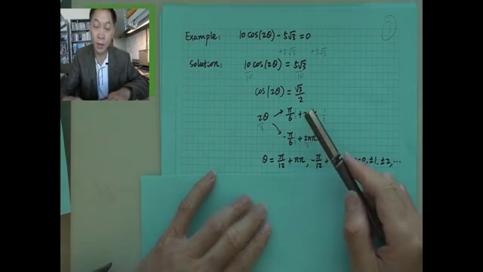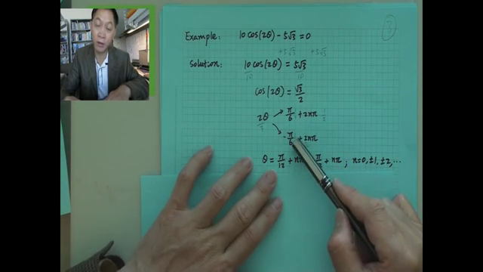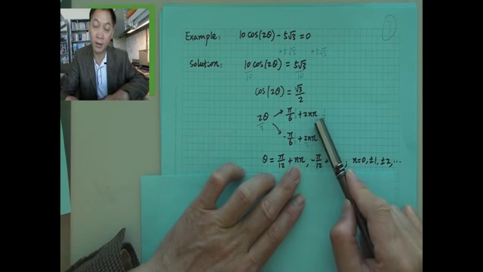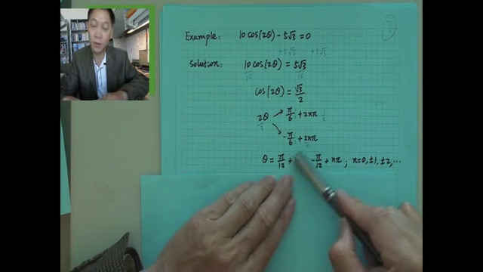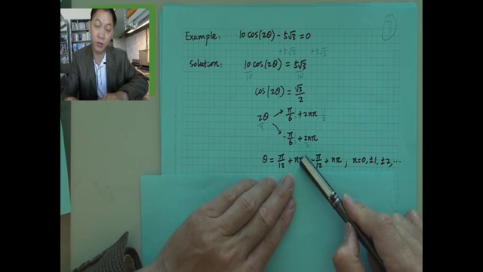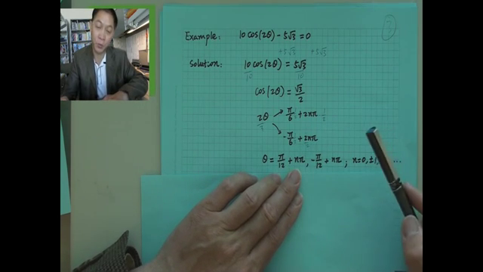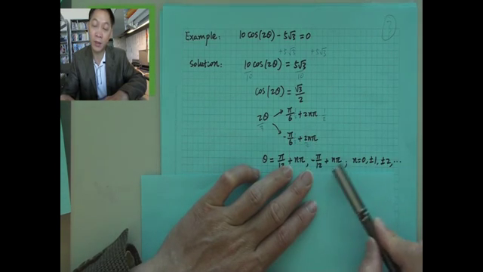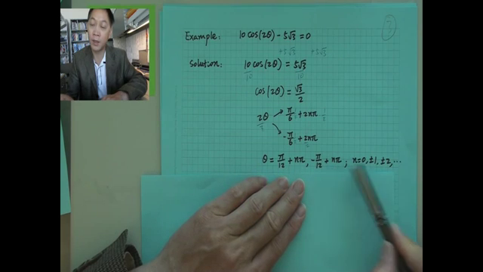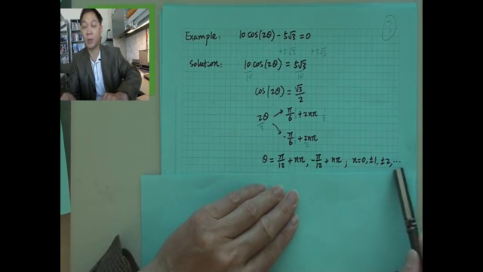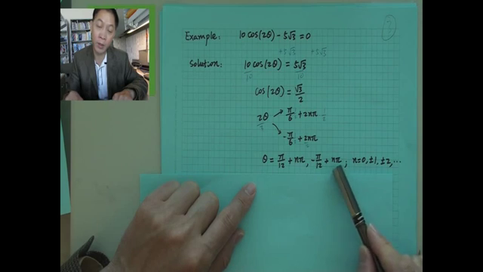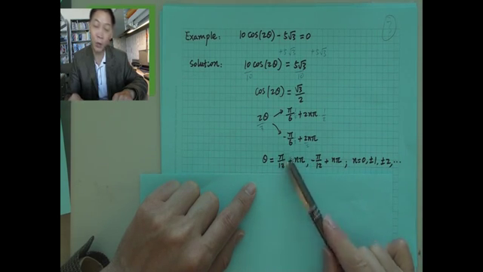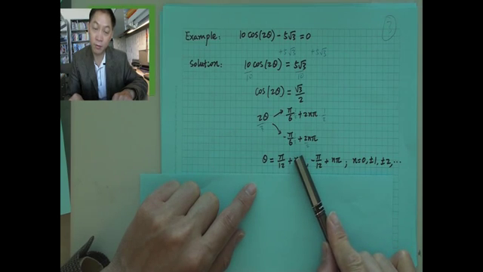What you get is theta equals pi over 12. And here 2 divided by 2, so you have n pi. That's the first solution. Okay, maybe the first bunch of the solutions. The second one is negative pi over 12 plus n pi. Okay, n can be positive and negative. It can be 0. If n is 0, what do you get? 0 pi. So that's pi over 12 itself.